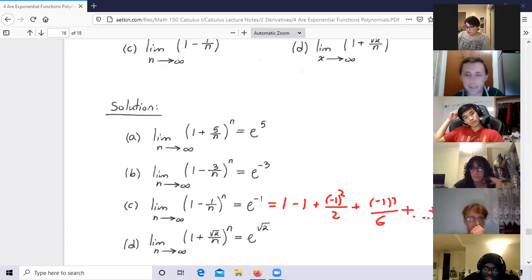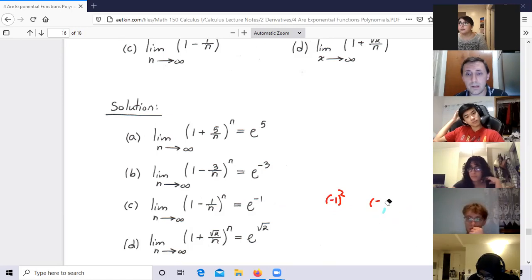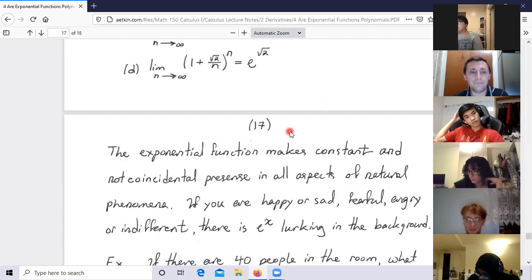So at some point you stop, you don't have to add forever, and then you don't get the exact value, but you get an approximation. The same thing with the limit. When we stop, we don't get the exact value, but we get an approximation. Good? Let's move on.